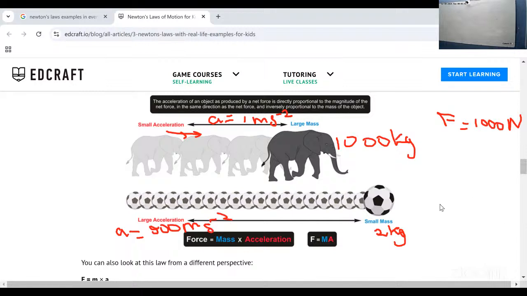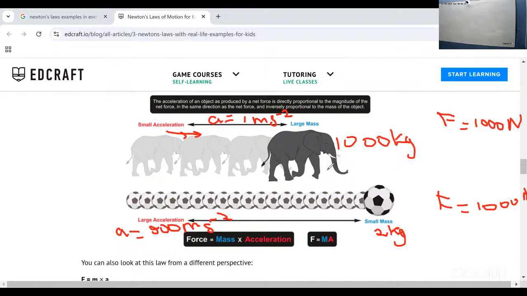Then what will be the net force on the ball? 2 multiplied by 500, which is 1,000. So this example shows that they both have the same net force, although they are two different masses. Are you okay with that?